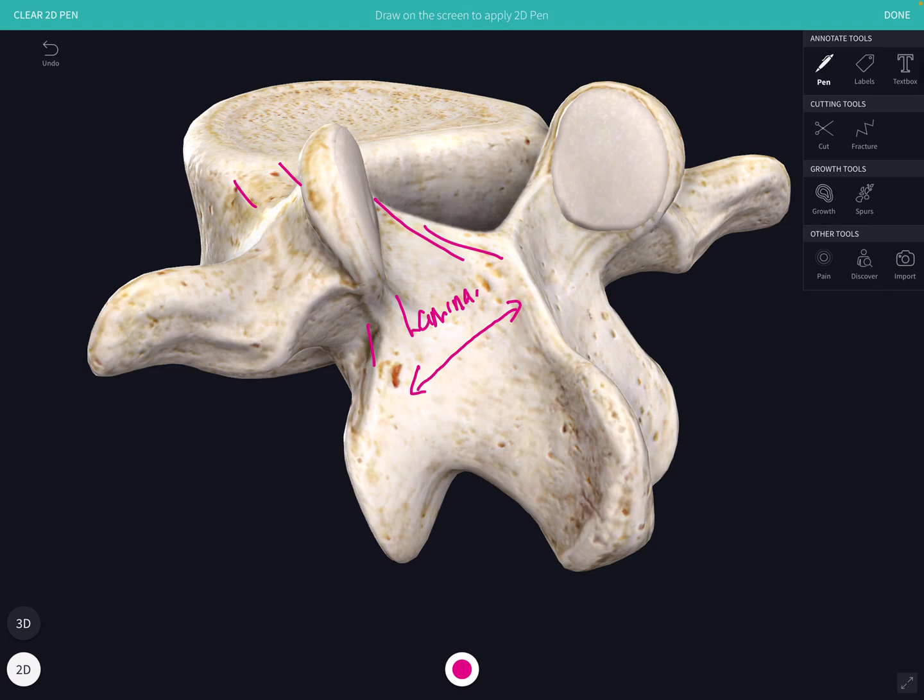The vertebral foramen is generally triangular in shape in the lumbar spine. We've said that the pedicles arise from the junction of the posterior and lateral borders of the body, but they actually arise from the upper part of the body itself. So again, that means that the inferior vertebral notches are quite deep.